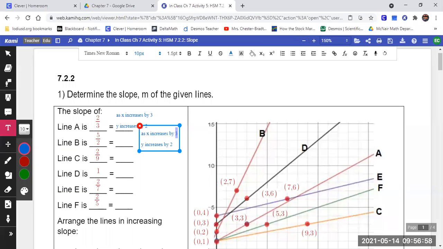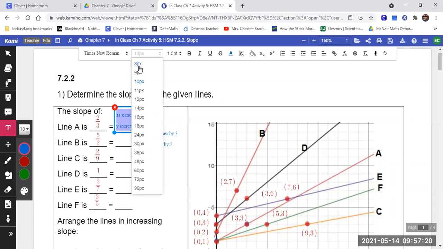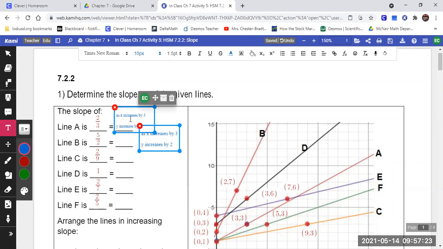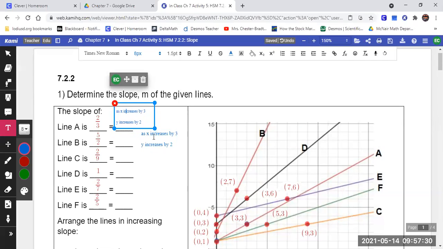What number is the change of x? I don't think 5 is in the change of x level. So as x increases by 2, y increases by how many? As x increases by 2, y increases by 5. Yeah.